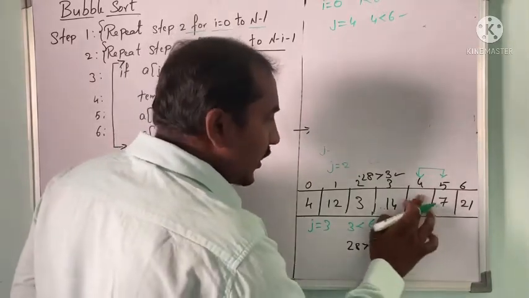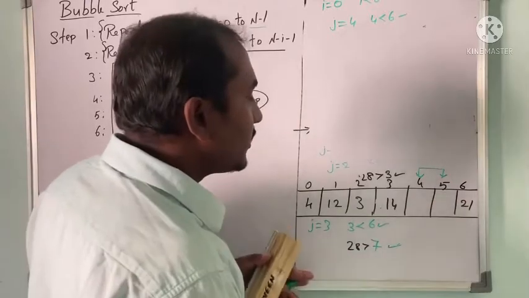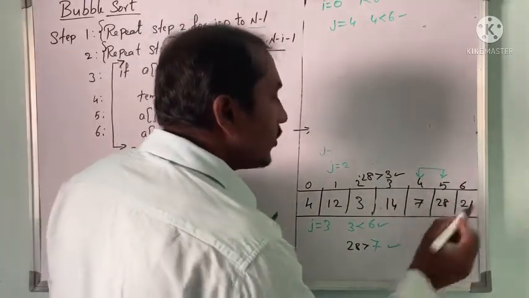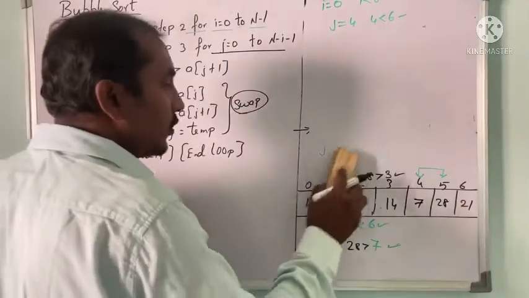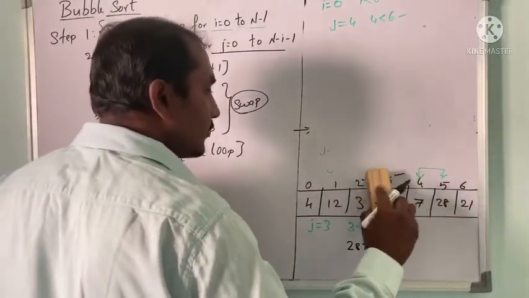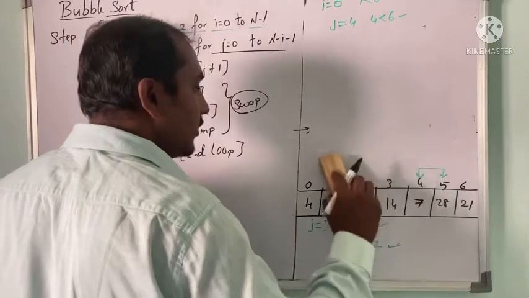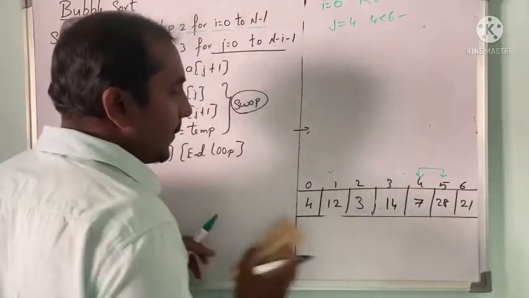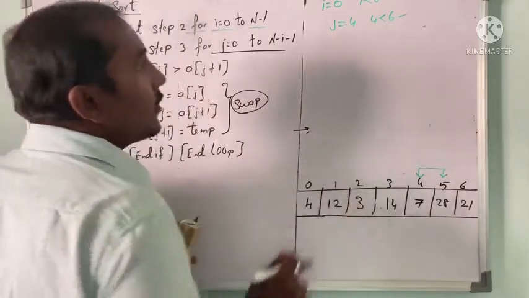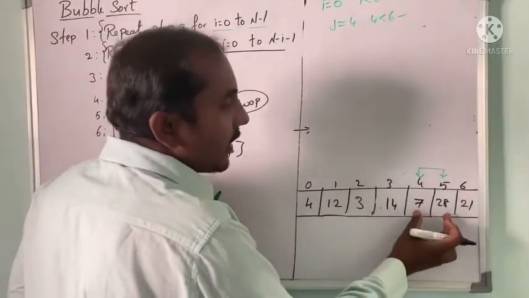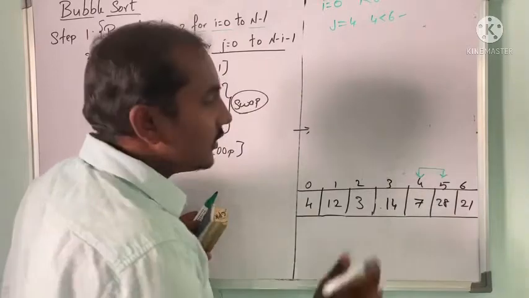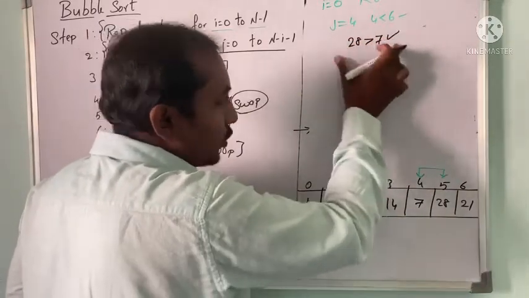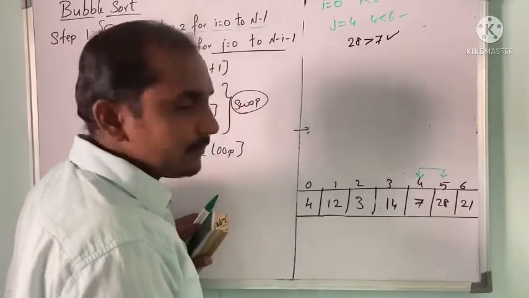In this place we are going to have 7 and here we are going to get 28. I am going to just erase this. Clear? So when j equals 4, when we compare 28 is greater than 7, it was true, so we exchange.